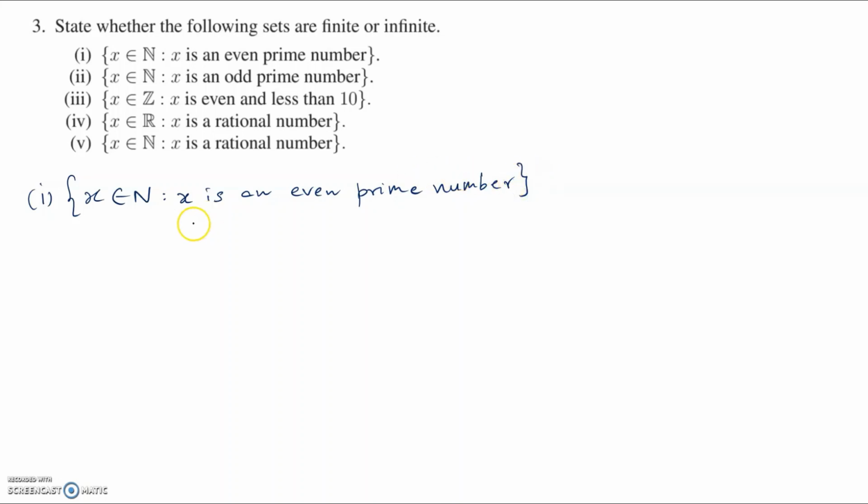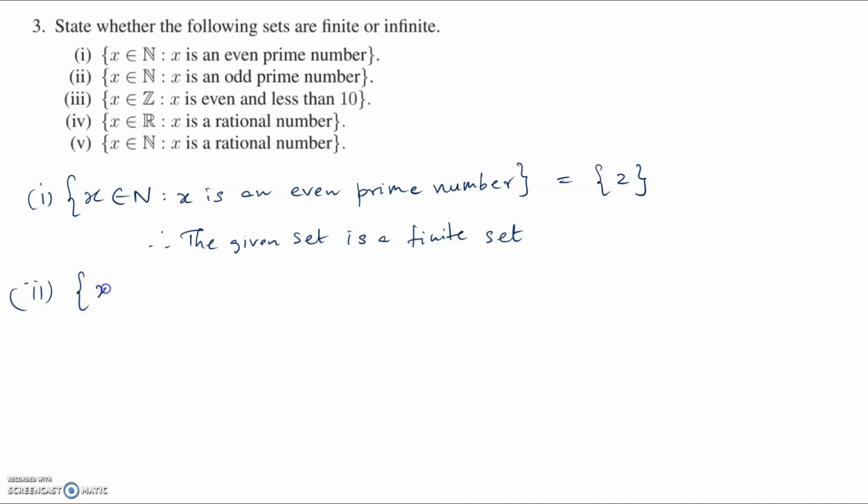Now, only 2 is the even prime number. So the set is equal to {2}. Therefore, the given set is a finite set.